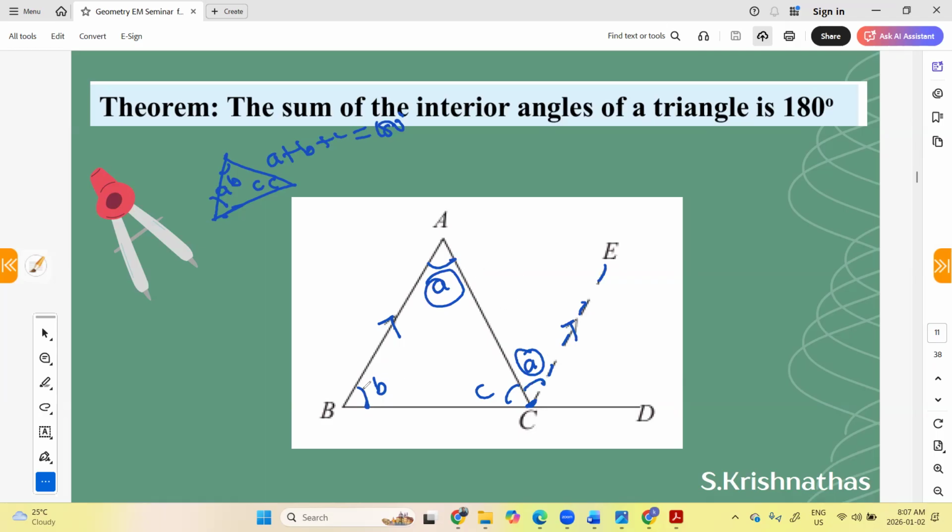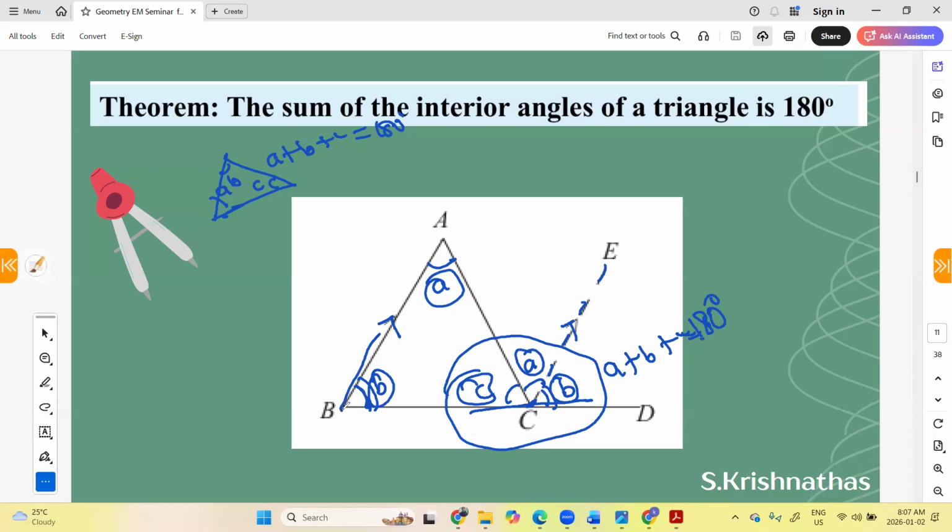Alternate angle. If this one is B, what is the reason? Corresponding angle. Now these three angles lie on a straight line. Here, A plus B plus C is equal to 180 degrees. Reason, sum of angles on a straight line is 180 degrees.